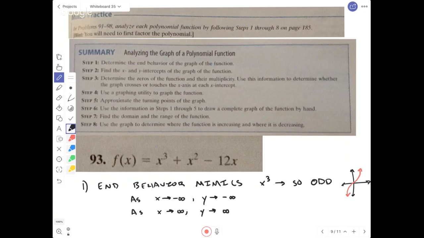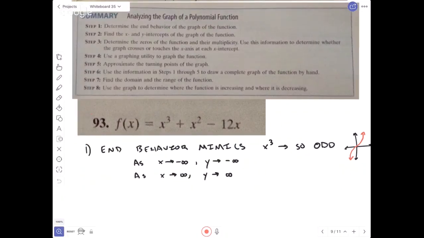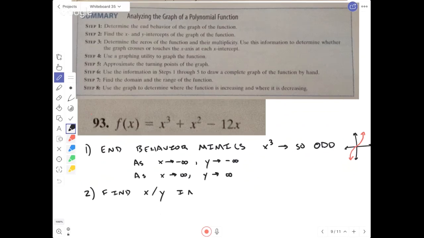And step 2. Find the x and y intercepts of the graph of the function. So now, thanks to Pablo, I'm definitely going to need to factor, agreed. So 2, find x and y intercepts.